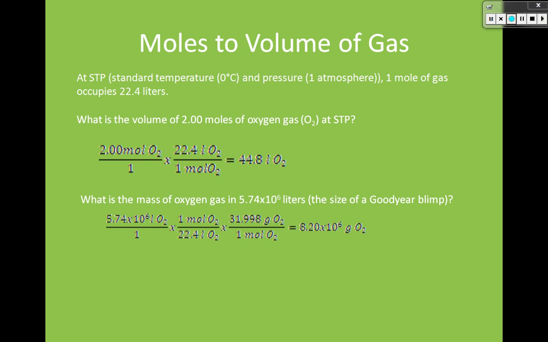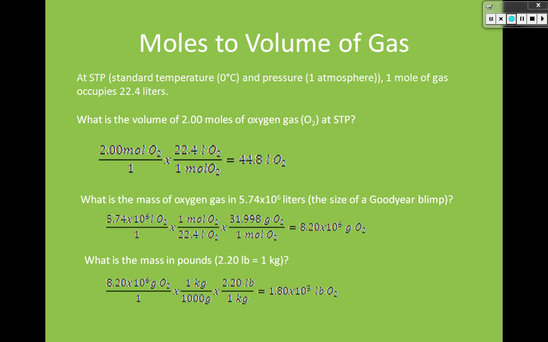So let's convert that to pounds, which sadly we here in America are more used to. What would the mass be in pounds, knowing that 2.2 pounds is 1 kilogram? Go ahead and convert that just to give us a frame of reference. What is 8.20 times 10 to the 6th grams? You would set it up like so, 8.20 times 10 to the 6th grams, and then we want our grams to cancel.